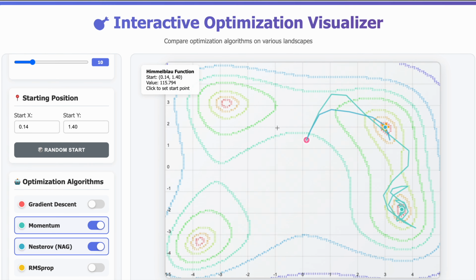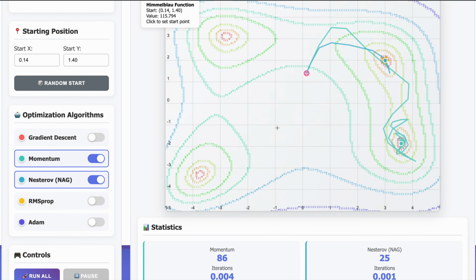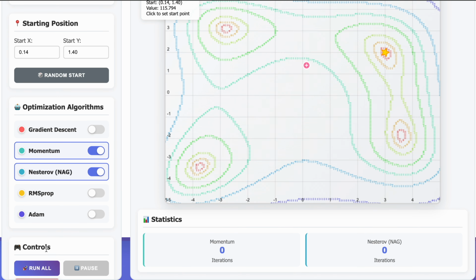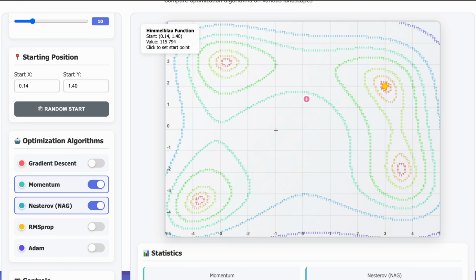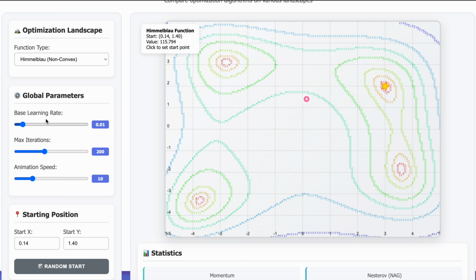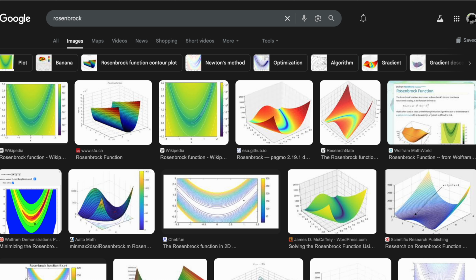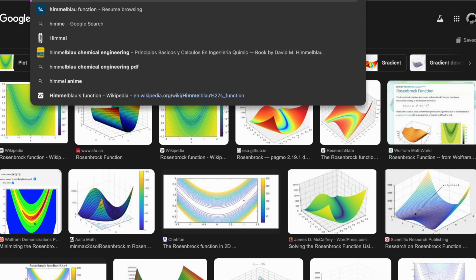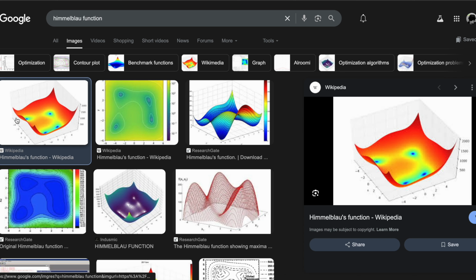Very good example. This is our Himmelblau curve, the Himmelblau function.